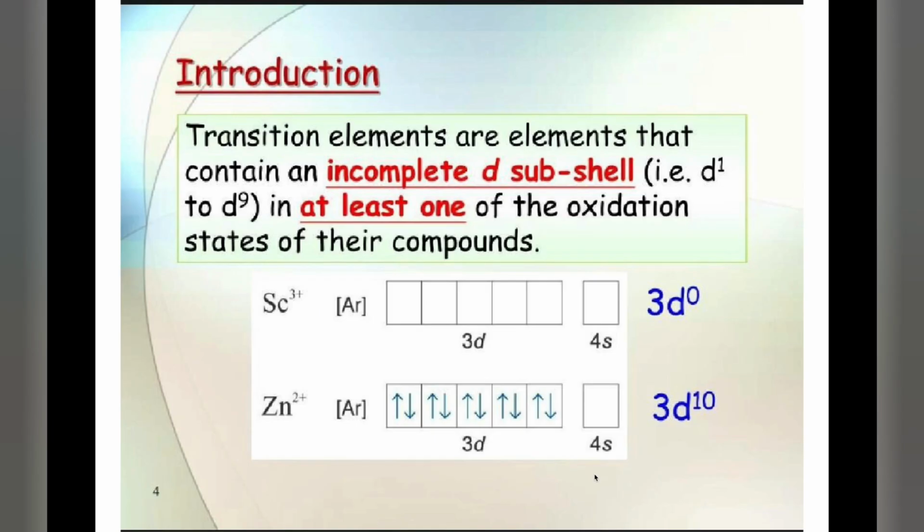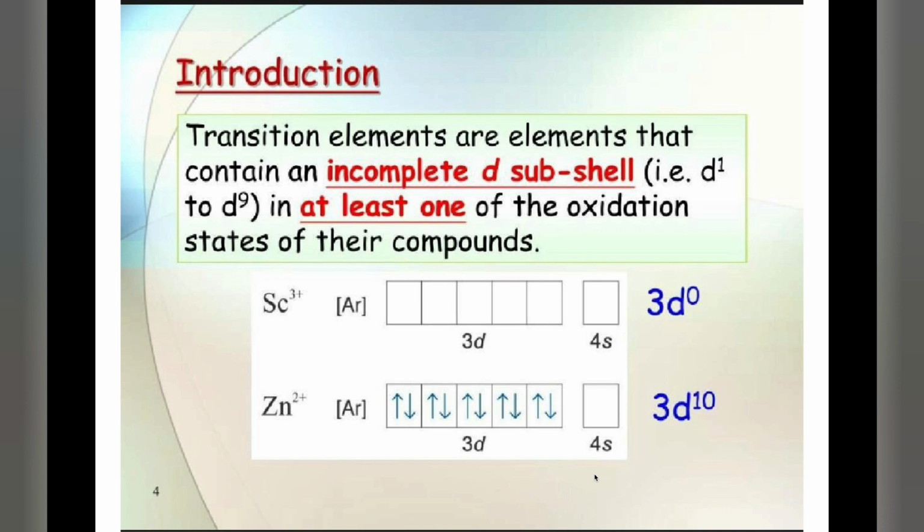Now, you can see in the diagram given that transition elements are elements which contain an incomplete D subshell, that is from D1 to D9, in at least one of the oxidation states of their compounds. You can see that the element Sc has vacant D orbitals and no electron in the S orbital.